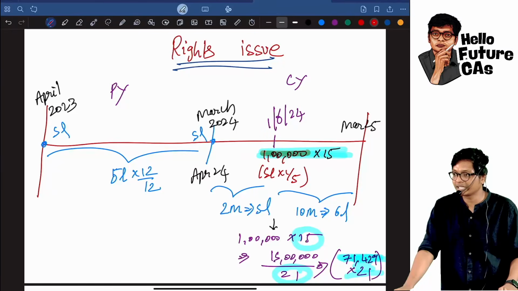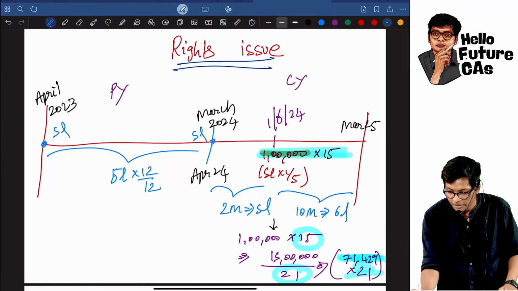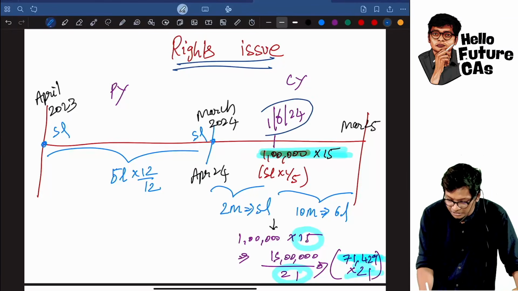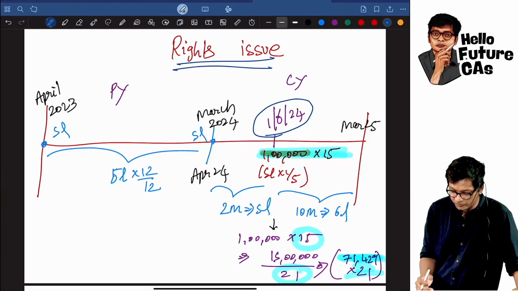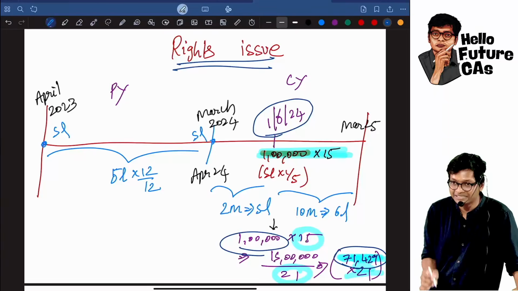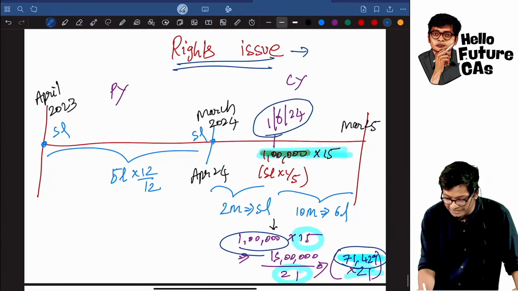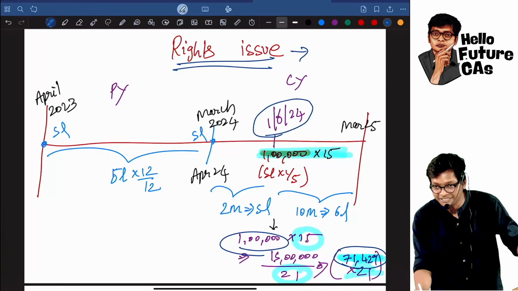Are you following, guys? Okay, so if you look at this, on 1st June 2024, I am repeating, on 1st June 2024, in a case where I should have given only 71,429 shares, I gave 1 lakh shares. That means in my rights issue, there is something which is given for free.